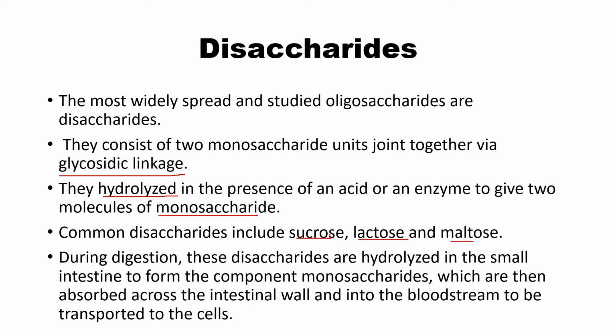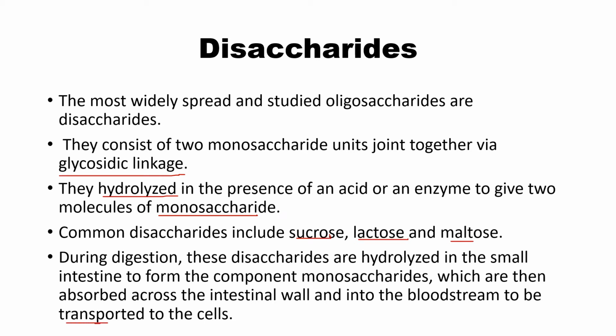Common disaccharides include sucrose, lactose, and maltose. During digestion, these disaccharides are hydrolyzed in the small intestine to form the component monosaccharides, which are then absorbed across the intestinal wall and into the bloodstream to be transported to the cells.